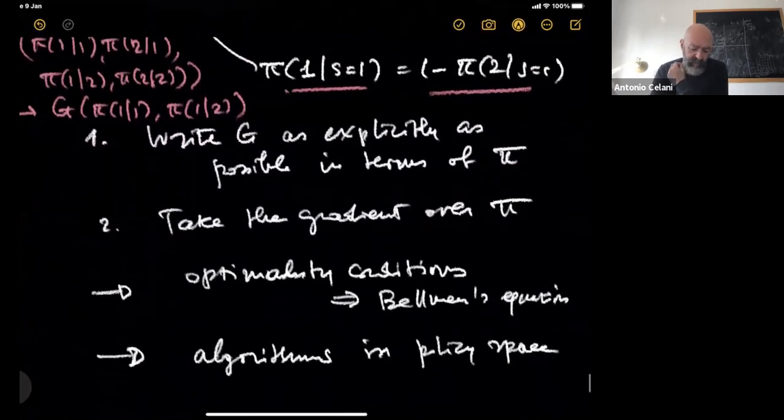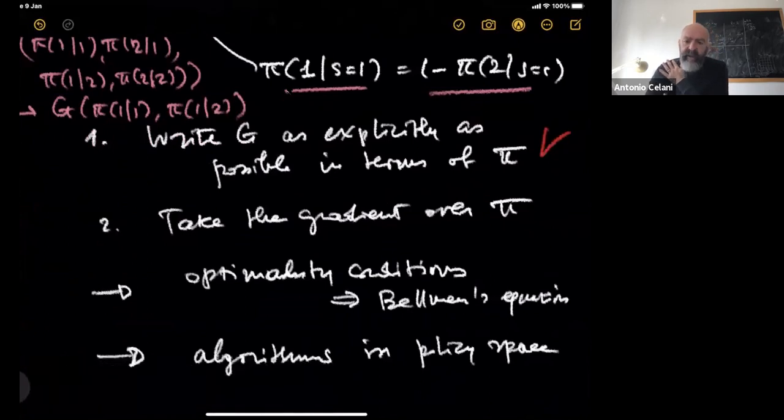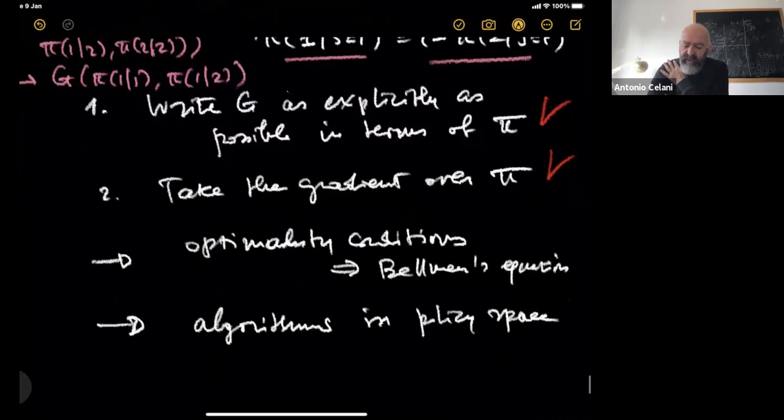Okay, so what we did so far was the following. We have been rewriting G in another form, which allowed us to take the gradient. Are we all on the same page for the first two parts? Good. Then we moved to this exercise, which is probably the least intuitive one. That is to use the optimality conditions to find once more the Bellman's optimality equation.